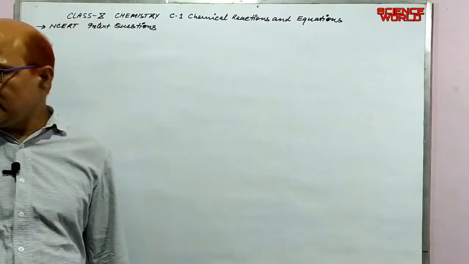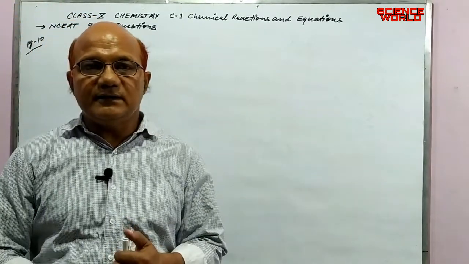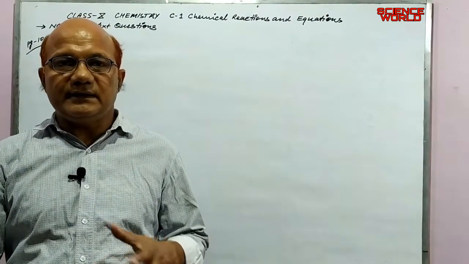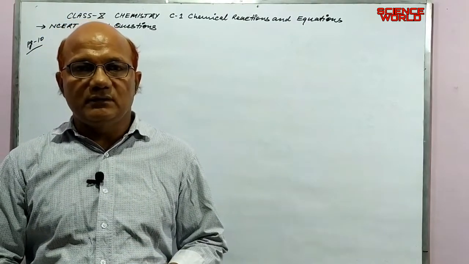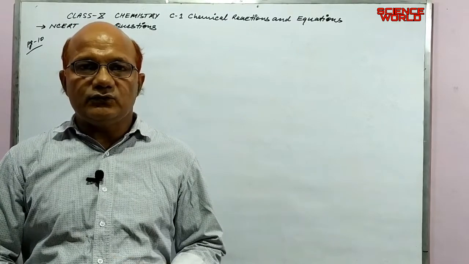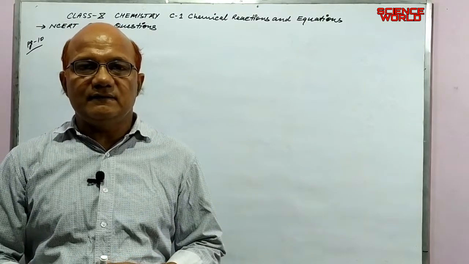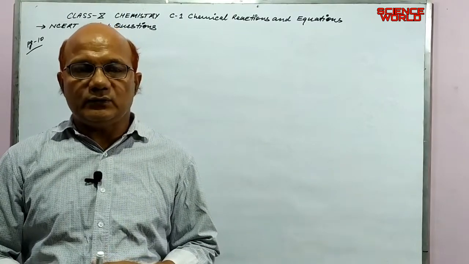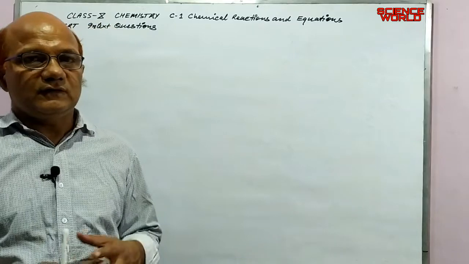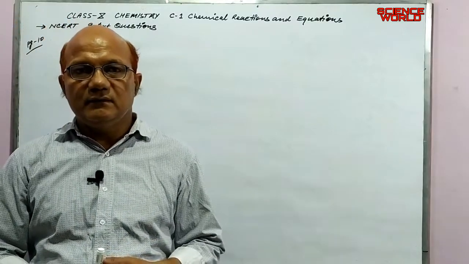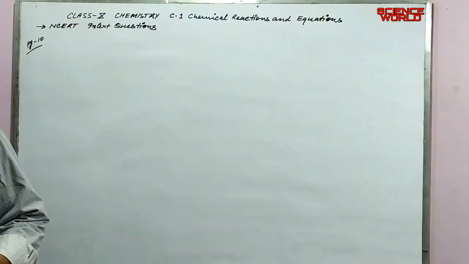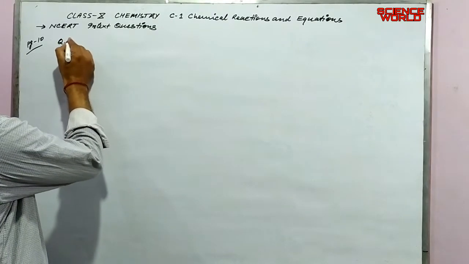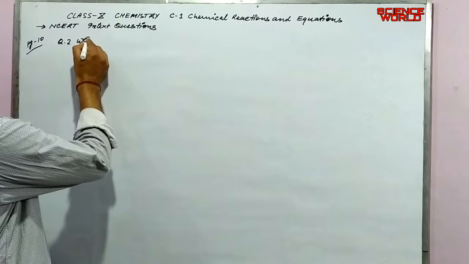Now, second question. As you have studied in this chapter, when electric current is passed through water, hydrogen gas and oxygen gas are collected at different electrodes. So, this is the related question. Question number 2.